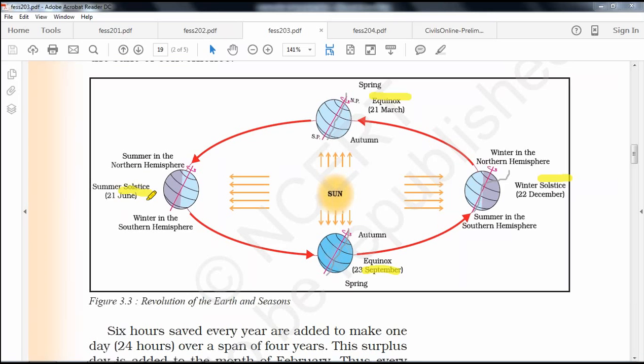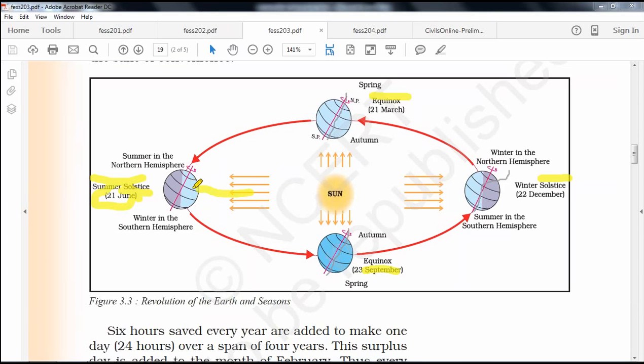That means in the solstice time, the earth receives either more sunlight or less sunlight, in a particular portion of earth, either the northern hemisphere or the southern hemisphere. In summer solstice, that is on June 21st, the earth receives more sunlight for more hours.